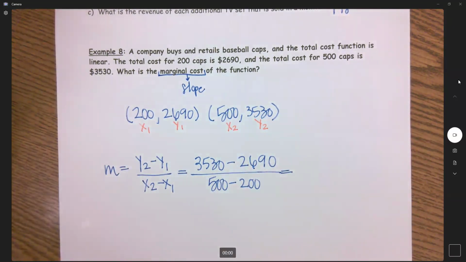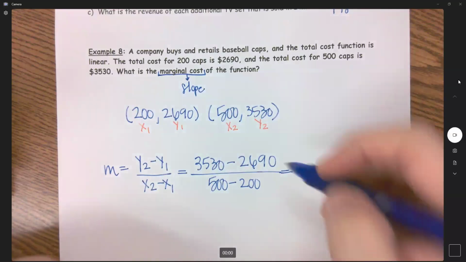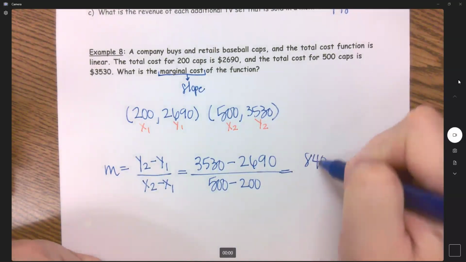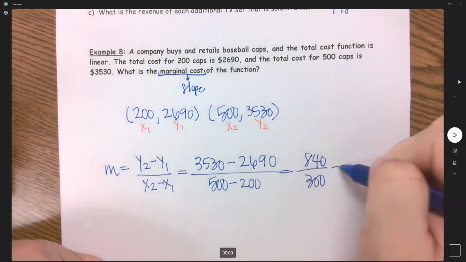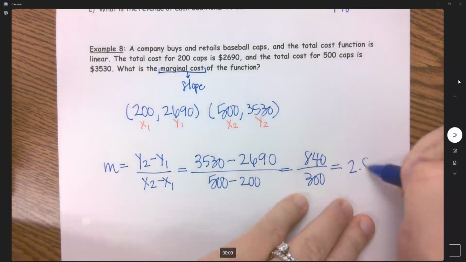All right, so what we get on the top here is 840, divided by 300. And that gives me 2.8.